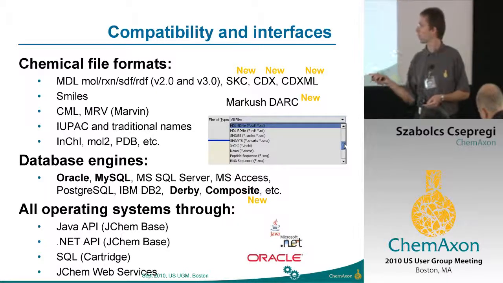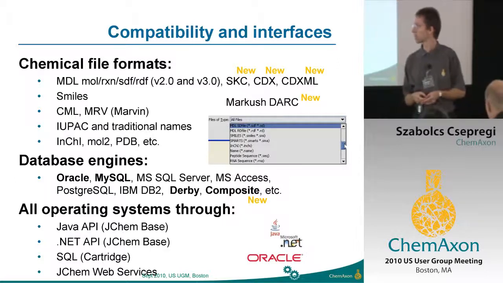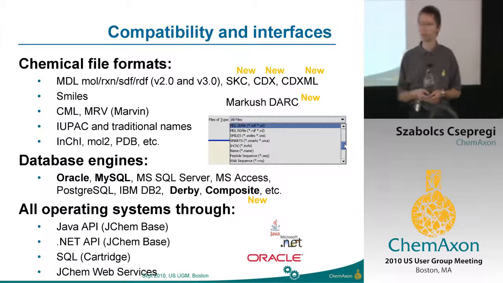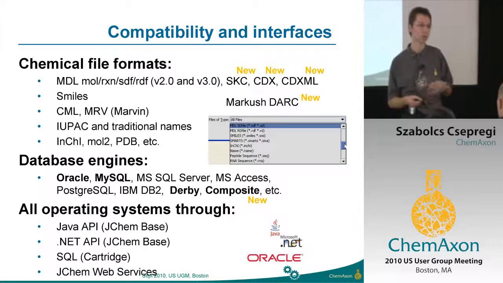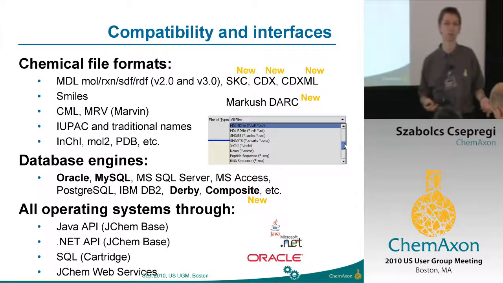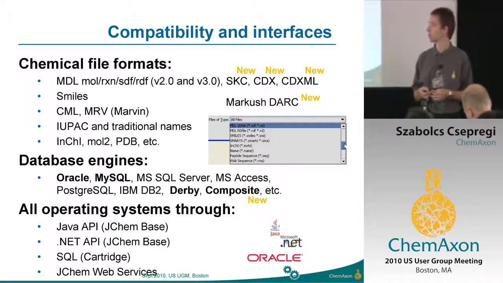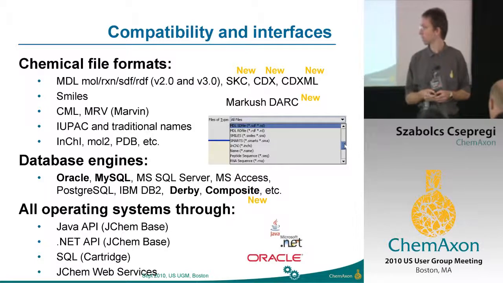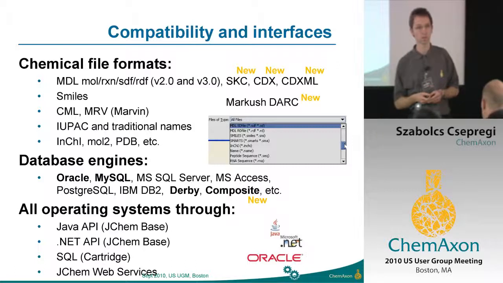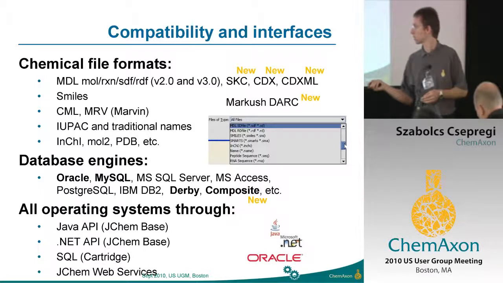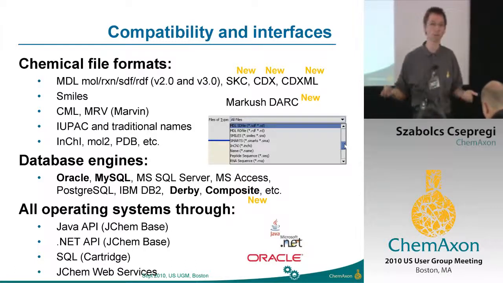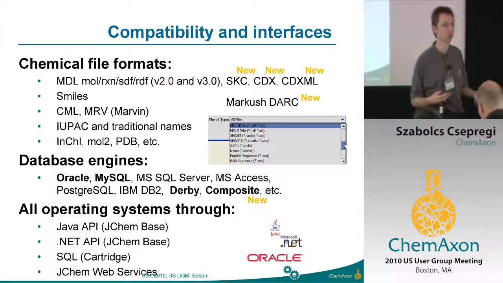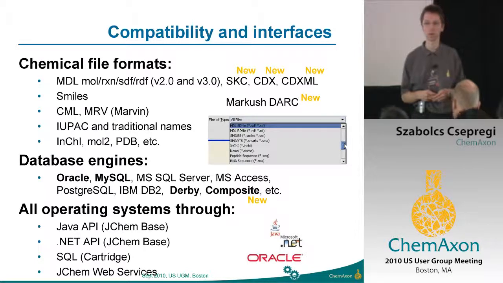But we also, since last year, have added a .NET API as well. So it is now possible to embed all the JChem components into .NET programs. Also, last year, we have introduced the web services interfaces. This is just another universal interface which allows to integrate with many different languages.